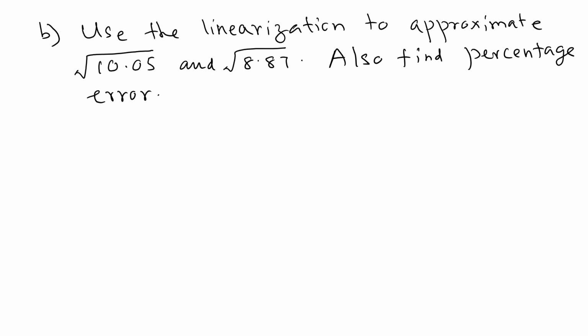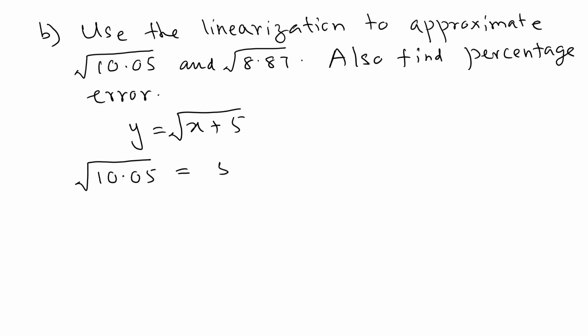Remember, the function was y equals the square root of (x + 5). That means you need to write it in this form to figure out what x is. So the square root of 10.05 equals the square root of (5.05 + 5). That's how you write it.